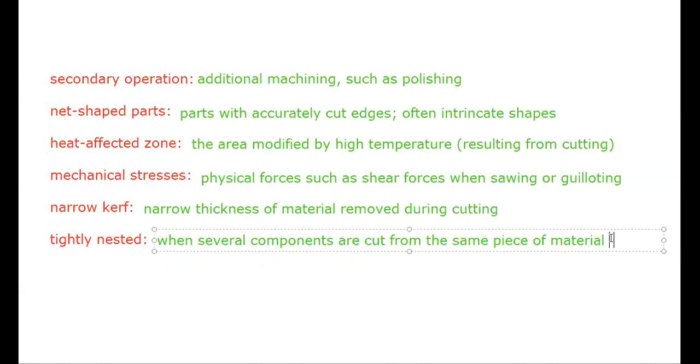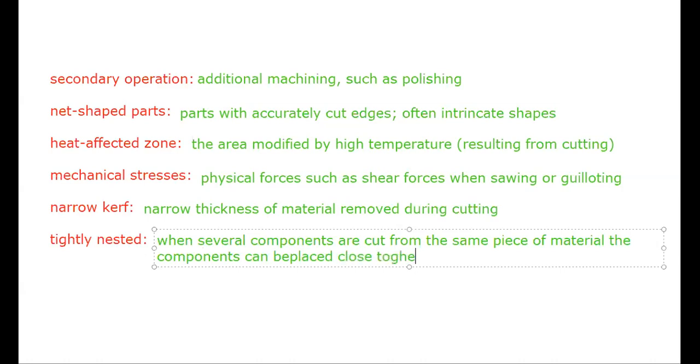From the same piece of material, the components can be placed close together. That would be the meaning of this one. That's why it's tightly nested, as they come from the same piece of material.